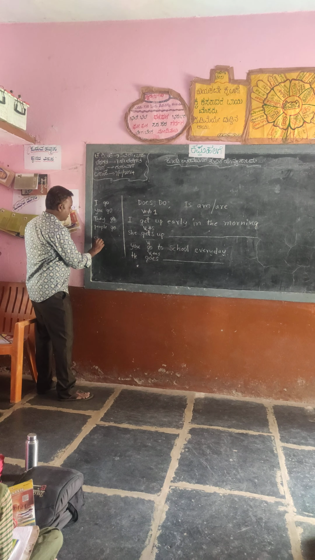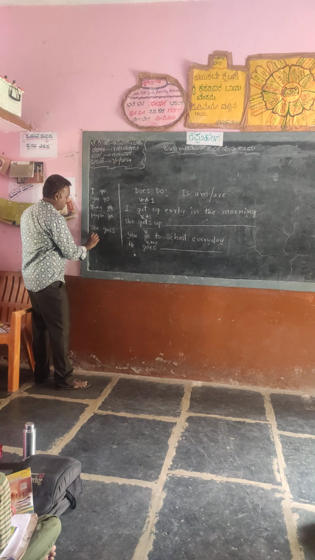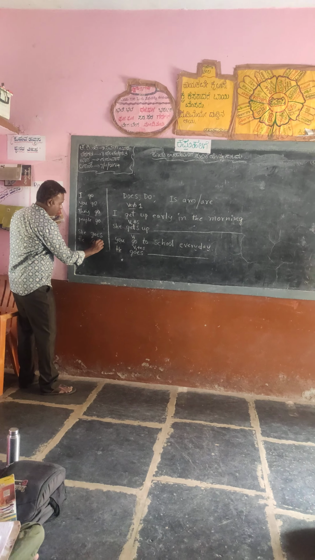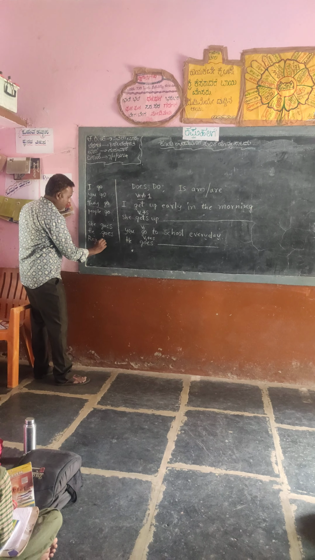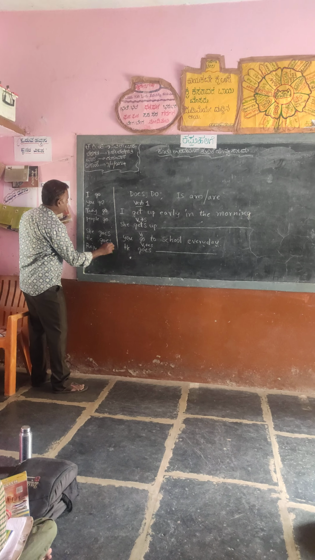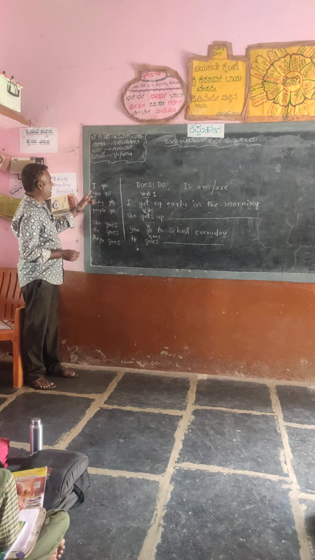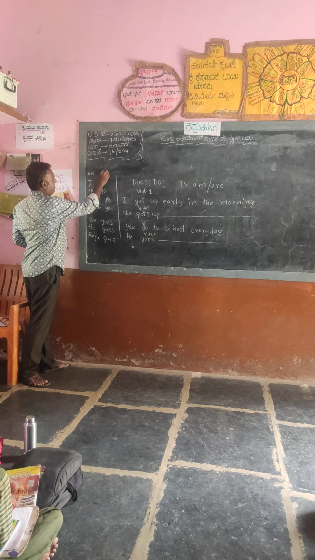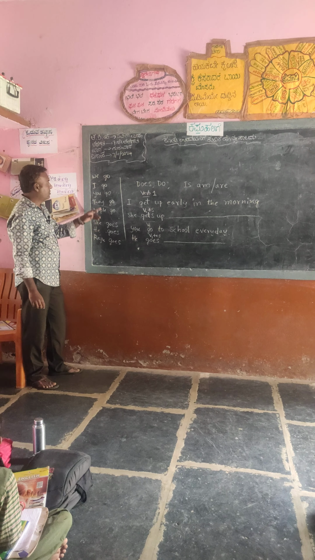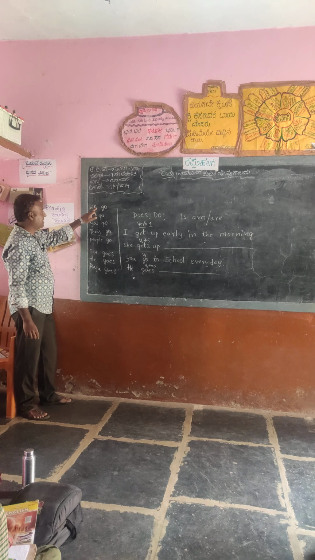Example, she goes. He goes. Raju goes. Here you can see I, you, they, and you can say even we go. We is also a plural subject, so we have used a V1. For plural subject, you have to use only V1.